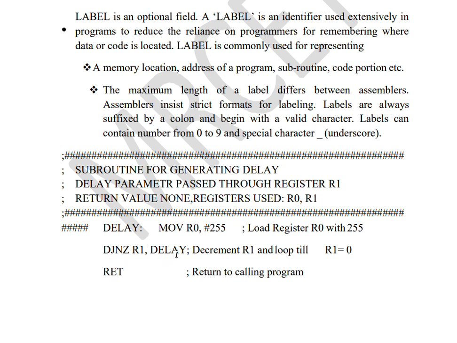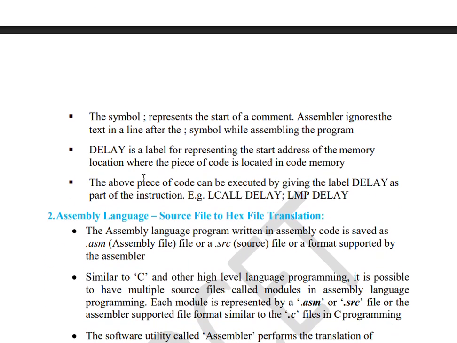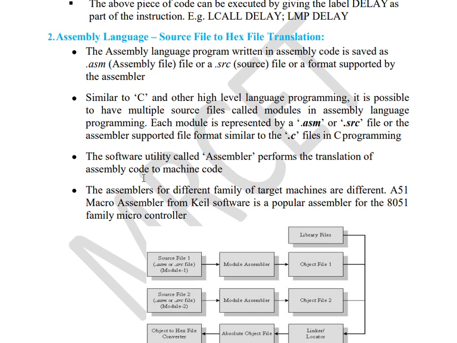DJNZ represents decrement and loop till the register is 0. Here the label called again is used, and then the control of the program will move to the delay.